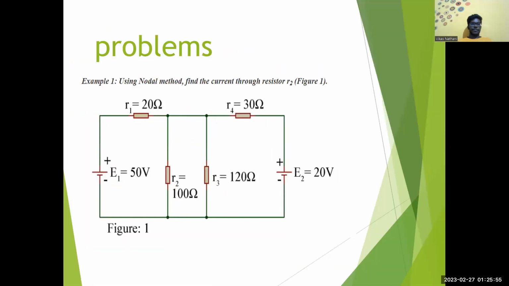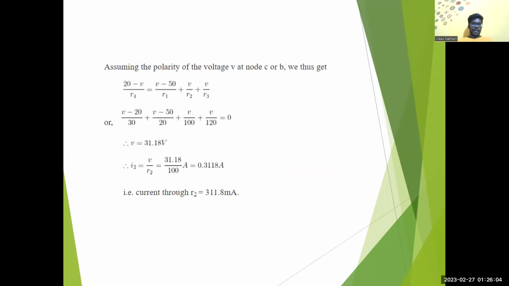Now let's revise the first problem a bit. Why have we taken (20 minus V) by R4?